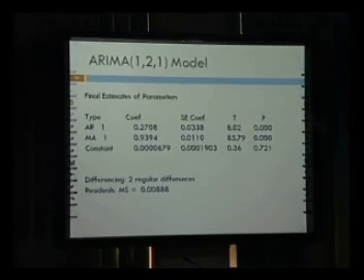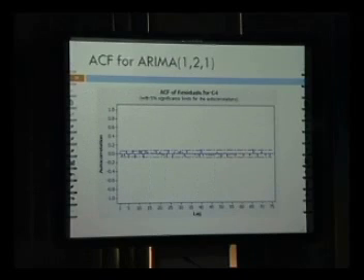So this is the best model I got, the 121 model, which has the minimum error term, and we have 2 regular differences. And this is the autocorrelation function for the ARIMA 121 model. You can see all the autocorrelation values for different lags vary within the 95% confidence interval, so it indicates a better model. There can be other models, but of the models I checked, this is the best I got.